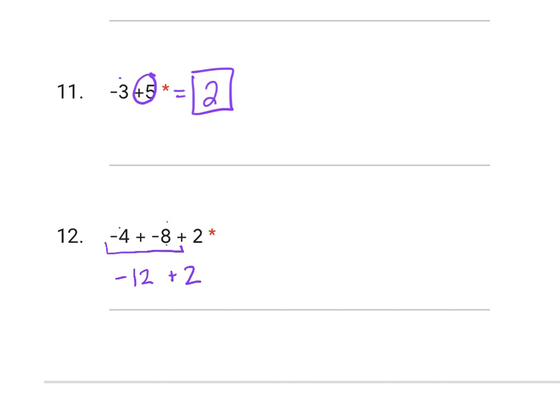Now I have negatives and positives. So in my head, I'm going to subtract. 12 minus 2 is 10. Are there more negatives or more positives? There's more negatives. There's 12 negatives, so my answer is going to be negative 10.